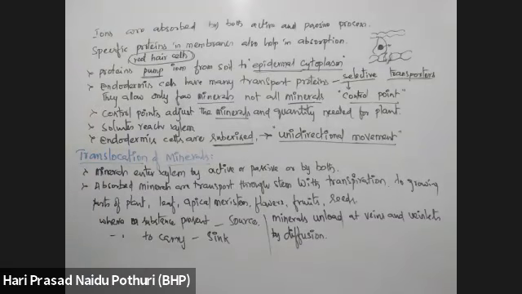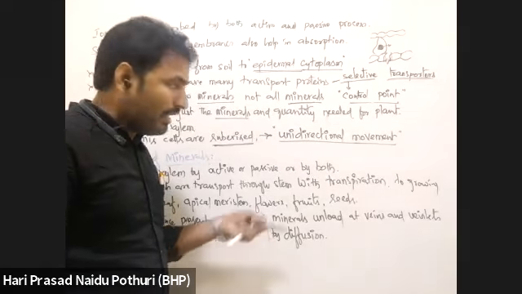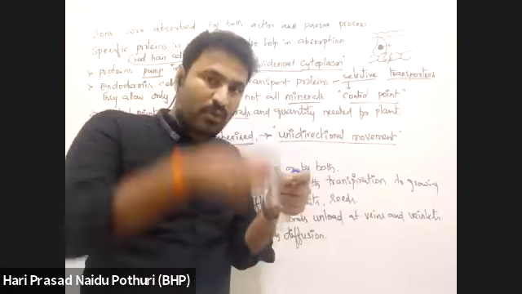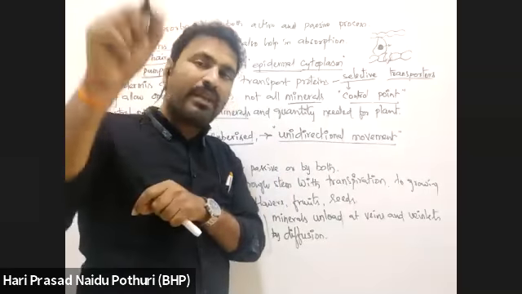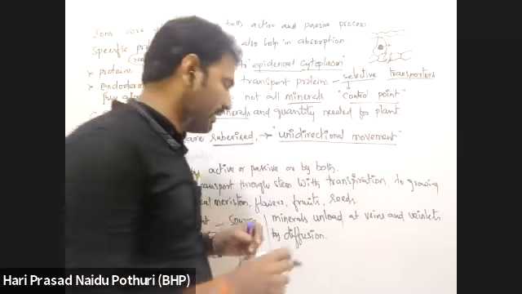And why diffusion? Xylem carried minerals from root to the leaf. In leaf minerals are less present, so that is diffusion, like a concentration gradient.